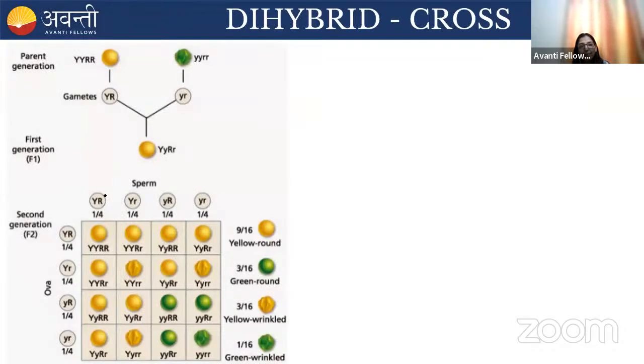Next one is a dihybrid cross. Di means 2, so in this case we study 2 characters, or the inheritance of 2 genes. There are the Y gene and the R gene. Y stands for yellow and R for round.